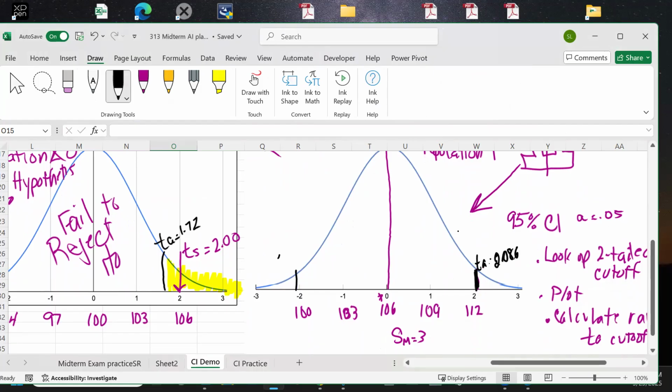And down here, 2.086. And so now what we're saying in this case is that we are 95% confident that the true mean for population 1, for our treatment population, falls within this center region.